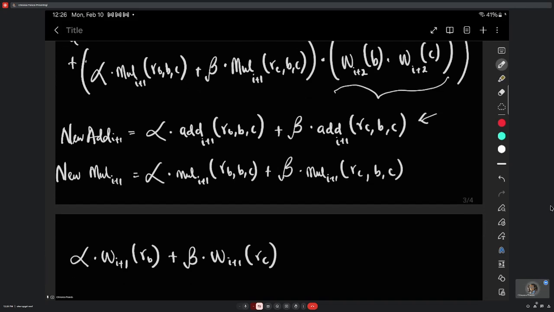So that alpha and beta randomness is to throw the prover off, so that the prover will not be able to just pick values. I don't know if it makes sense.